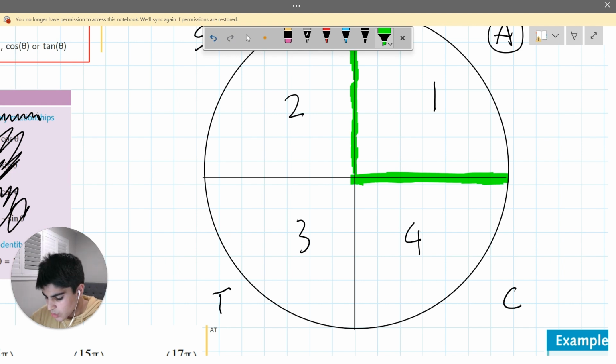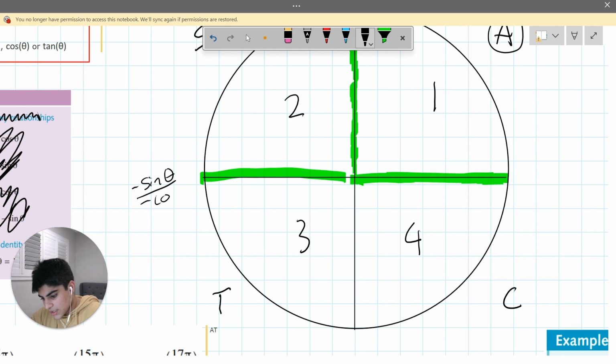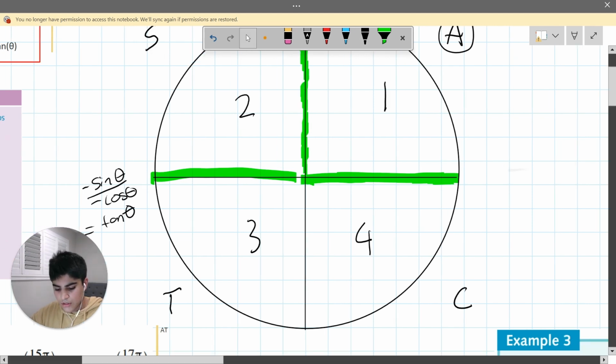And tan theta is only positive in quadrant 3 because tan theta equals sine theta divided by cos theta. In quadrant 3, sine theta is negative and cos theta is negative. So negative sine theta over negative cos theta equals tan theta.